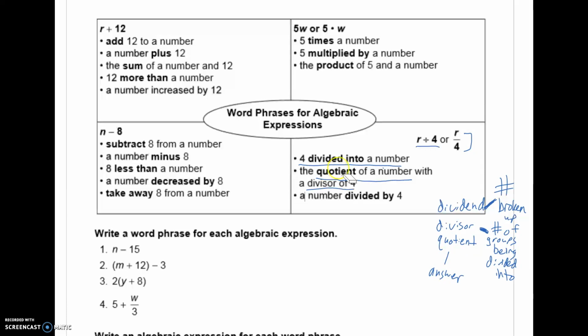You may also see this written with this box here, R divided by 4. All right, these are the 3 main ways you're going to see a division problem. And then a number divided by 4. Okay, so division can be kind of tricky because people get them flipped a lot, so this will take some practice. Okay. All right, let's move on down here and do a few examples.